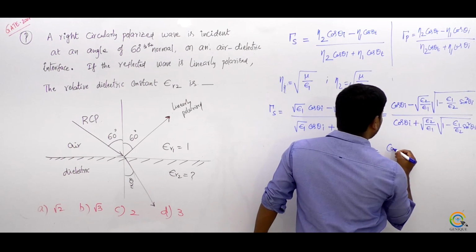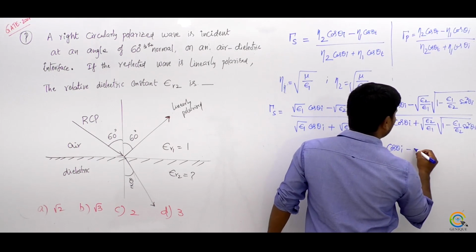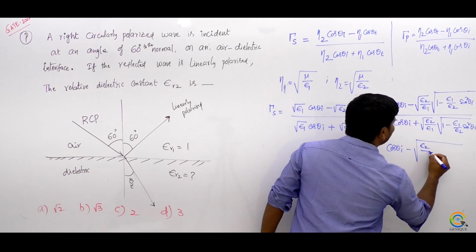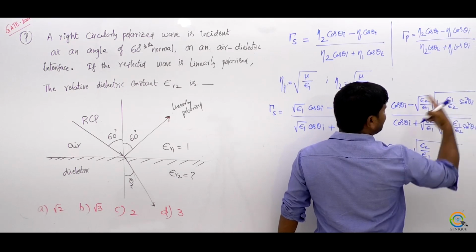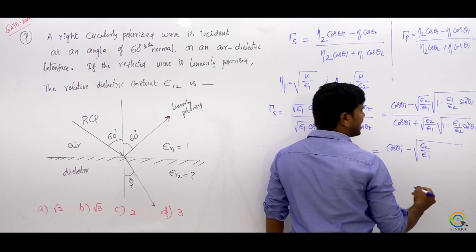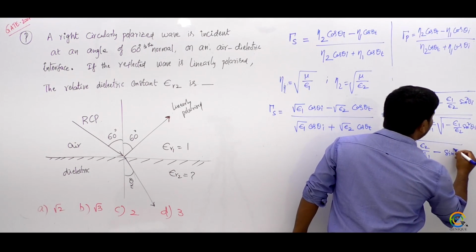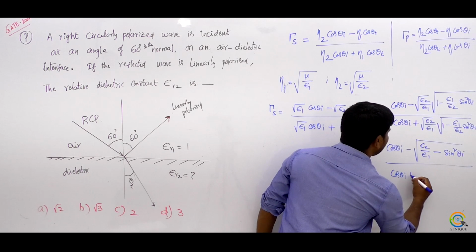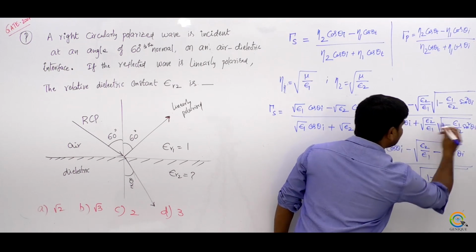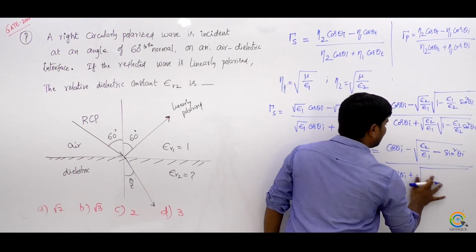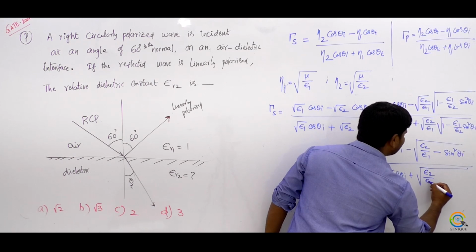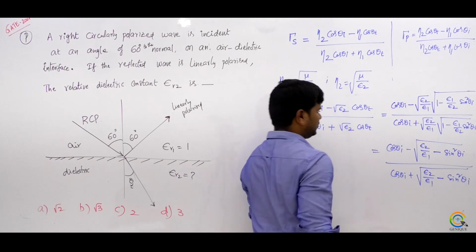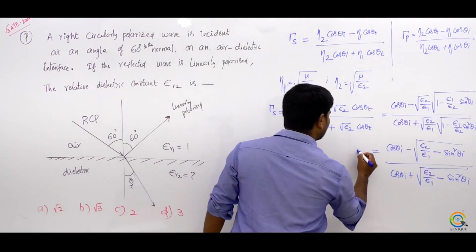This is equal to cos theta I minus root over, if I send this into this, epsilon 2 divided by epsilon 1, these two will get cancelled, minus sin square theta I, divided by cos theta I plus root over epsilon 2 divided by epsilon 1 minus sin square theta I. So this is gamma S.